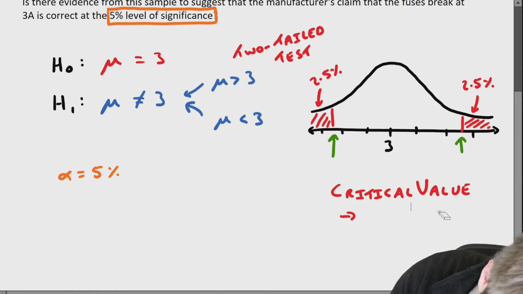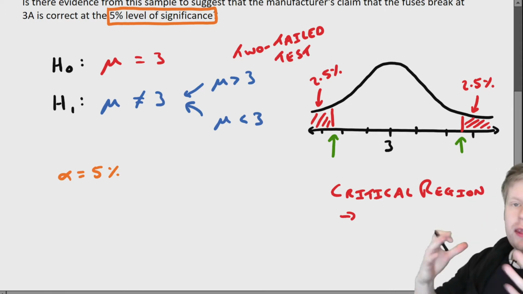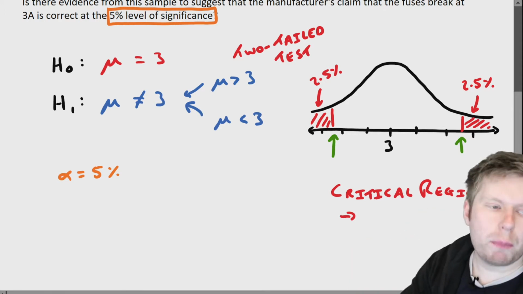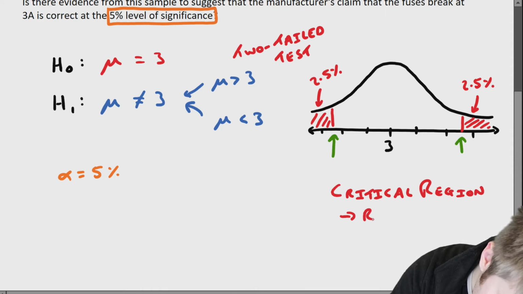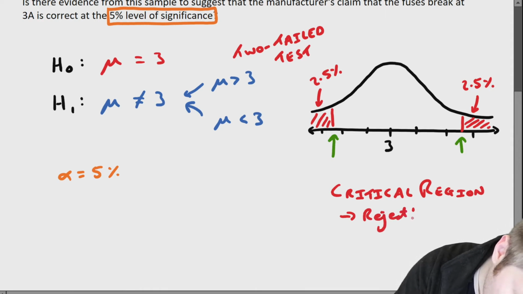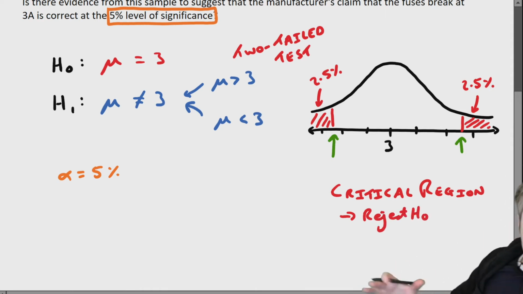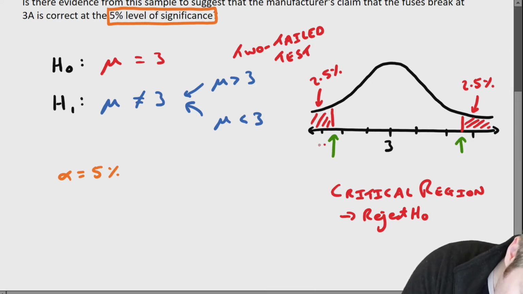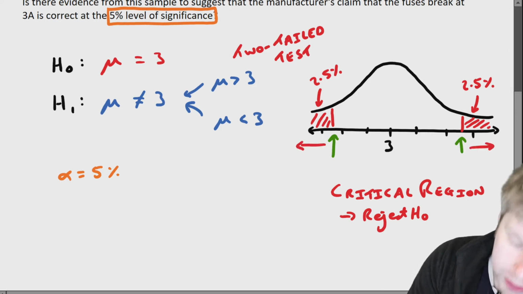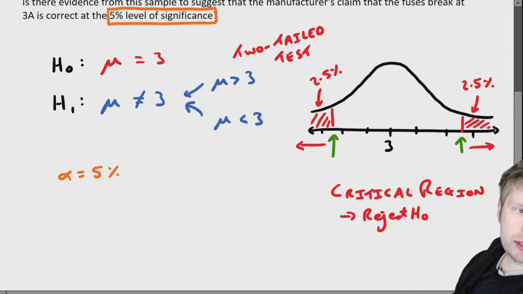So the critical regions are the values in which we reject the null hypothesis, okay? So these are the values in which we reject the null hypothesis being true, okay? In other words, they're any values that occur to the left of this point or to the right of this point. These are my critical regions, okay?